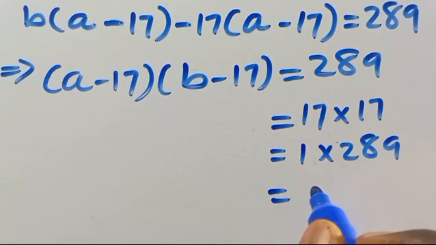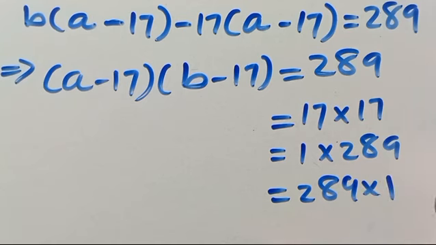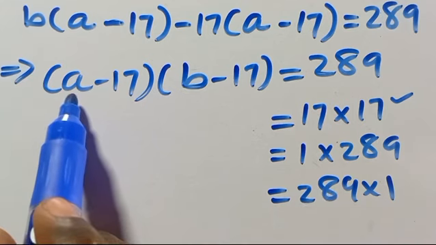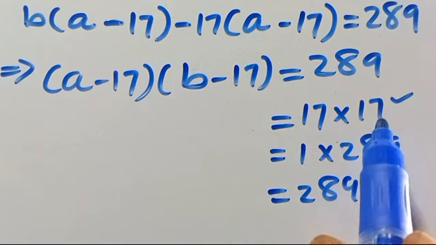It's also a product of 289 times 1. By considering this, let's take this first, equating the sides, meaning that a minus 17 will be equal to 17, b minus 17 will be equal to 17.